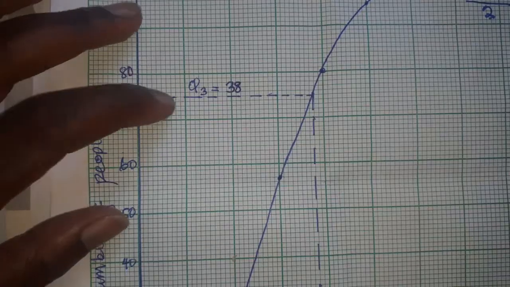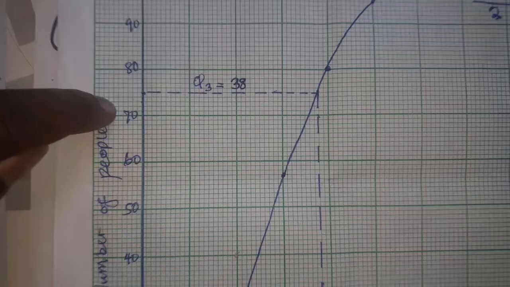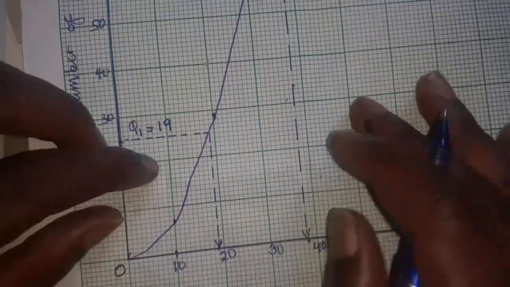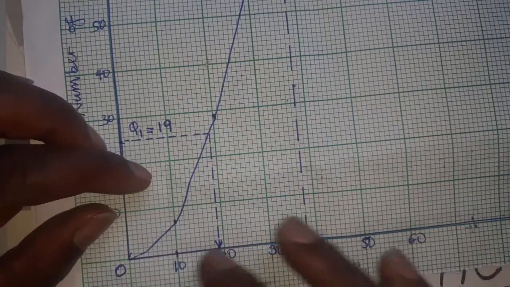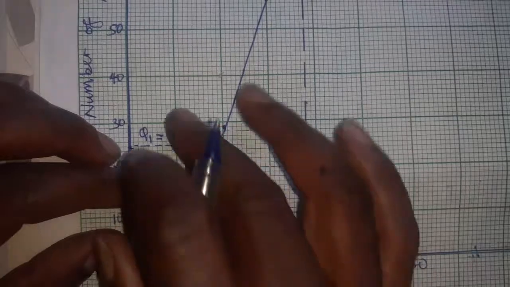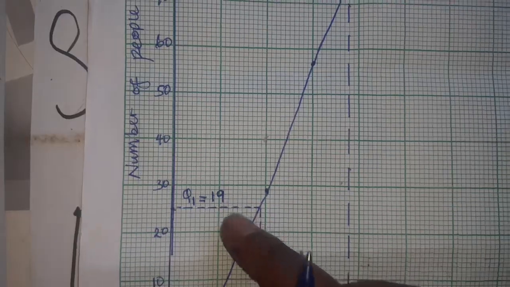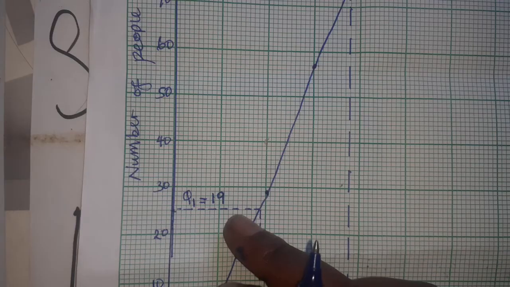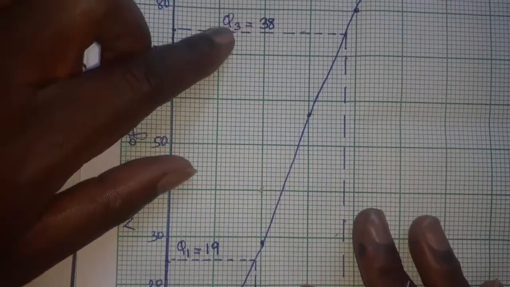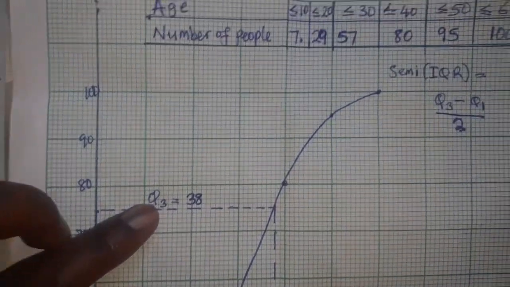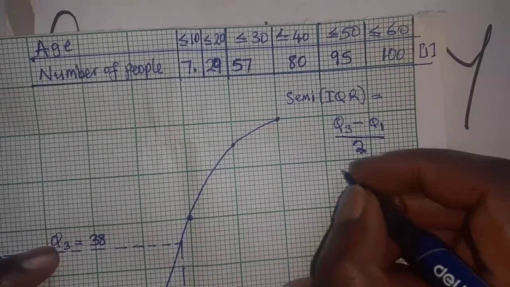So for our upper quartile, we are not using that 75. 75 has helped us to get this part, the answer from the horizontal axis. So now we are going to use these two, 38 and 19, instead of those ones that we got, 75 and 25. So our upper quartile here, when we come to the formula, it's what?